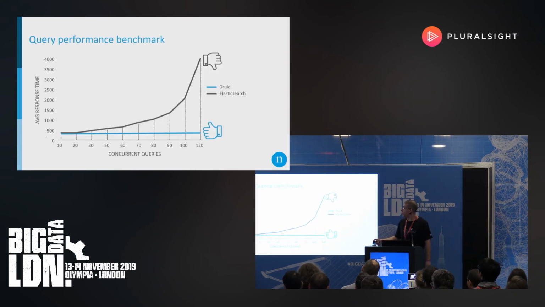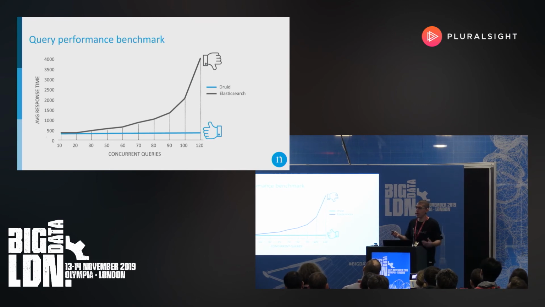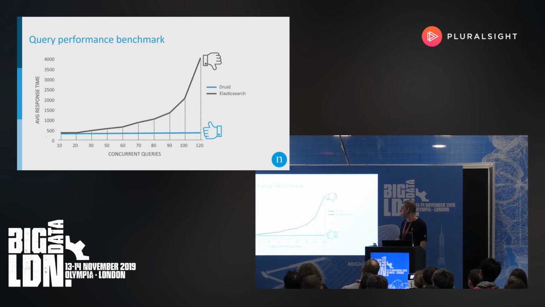As part of the POC, and you remember one of the first slides, we've done a benchmark with Elasticsearch and with Druid. With Elasticsearch, the average response time grew exponentially as the number of concurrent queries grew, which obviously wasn't good for us, and it didn't really matter how large we made the Elasticsearch cluster.